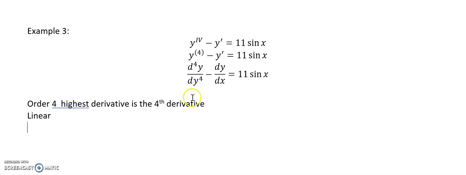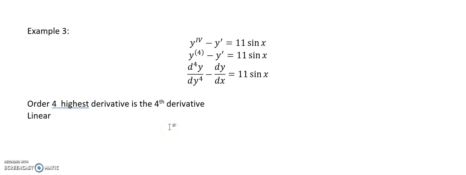because the highest derivative is the 4th derivative. This is also linear, because each of the derivatives, the 4th derivative, the 1st derivative, they are not multiplied by another function of y.